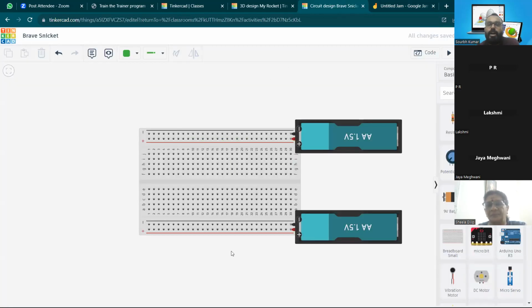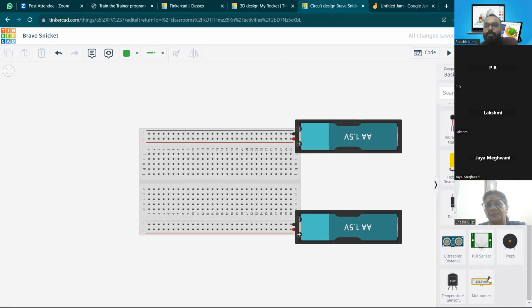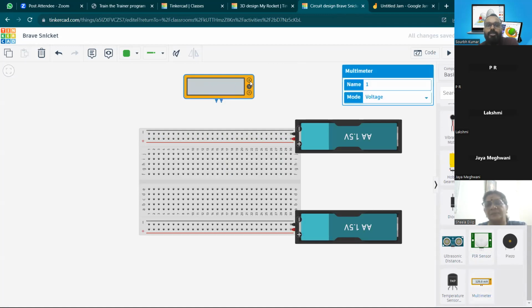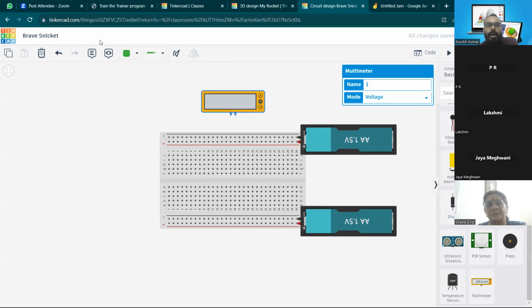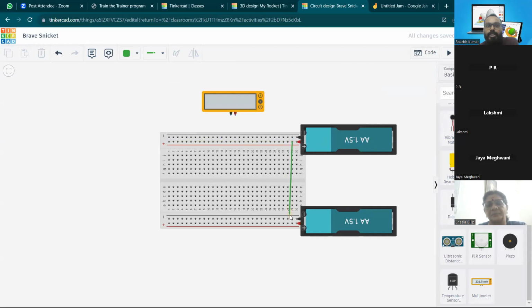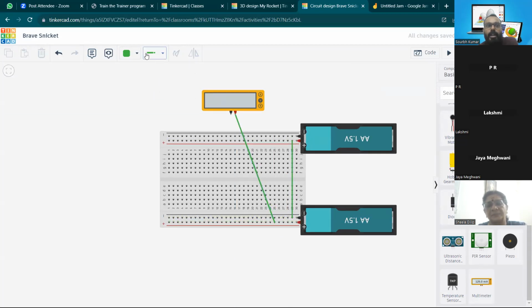So now what we have is the battery. If we bring a multimeter in here to measure the voltage and current, and if we connect the wires of one of the batteries, say positive to negative, and then we take another wire and connect this particular positive in here.